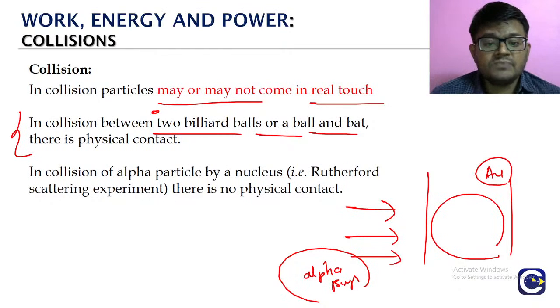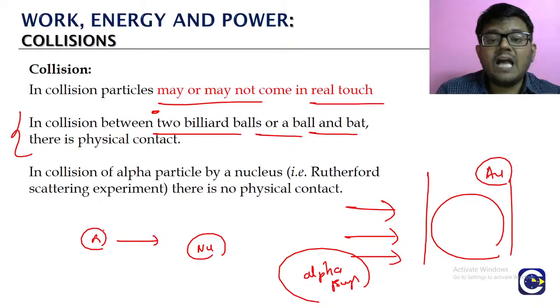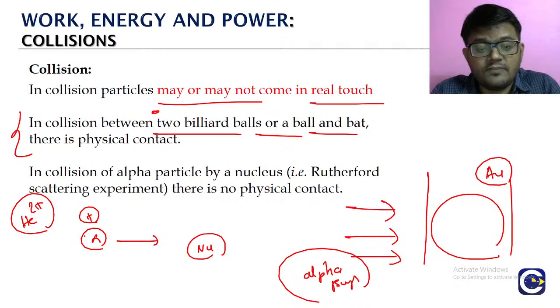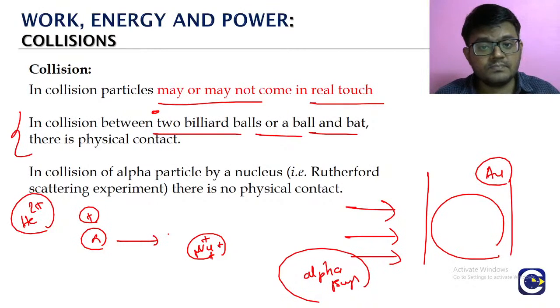But when you look at an alpha particle colliding with the nucleus: the alpha particle has a positive charge. What is an alpha particle? A helium nucleus, or helium 2 plus ion. And what will the nucleus of the gold atom have? A positive charge. So can a positive charge and a positive charge really come and touch each other? They will not be able to touch.